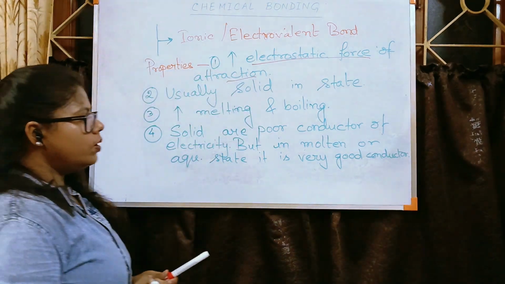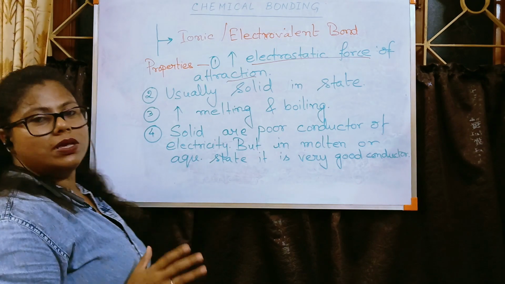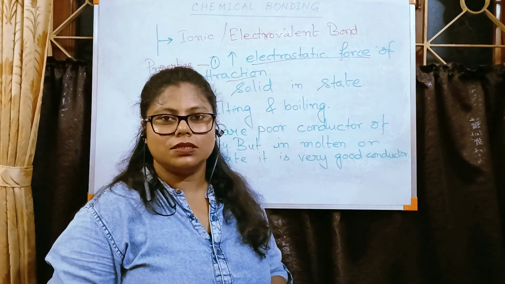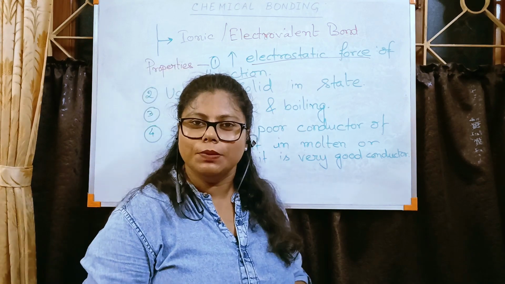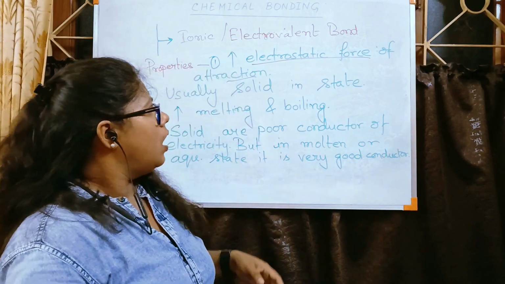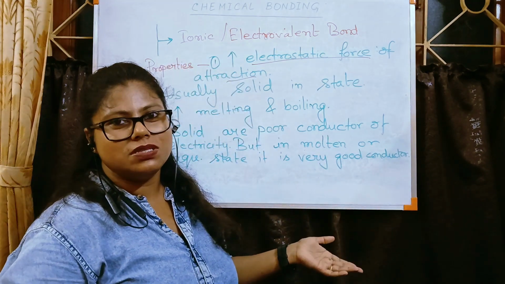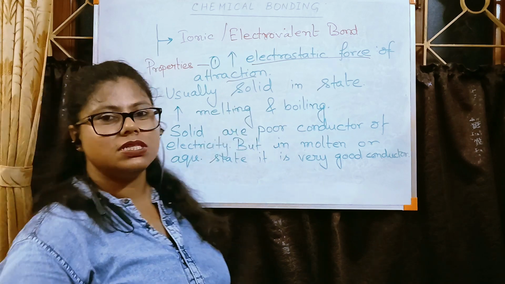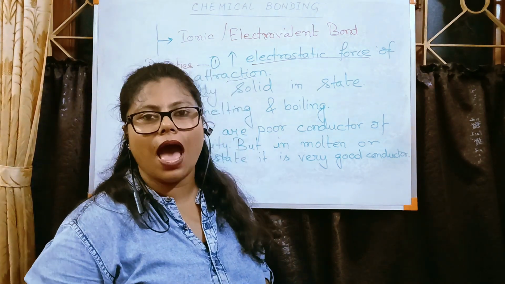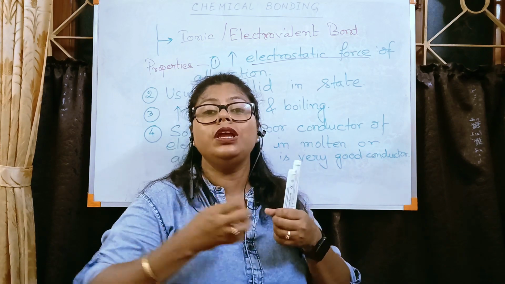Okay, now let us understand this point. How does electricity conduct? Electricity can only be conducted if there is presence of ions. Now you will tell me, ma'am, in ionic compound there is always presence of ions. Then why does it not conduct electricity in solid state? Yes, it does have ions, but they are so tightly packed that they are not free to move.